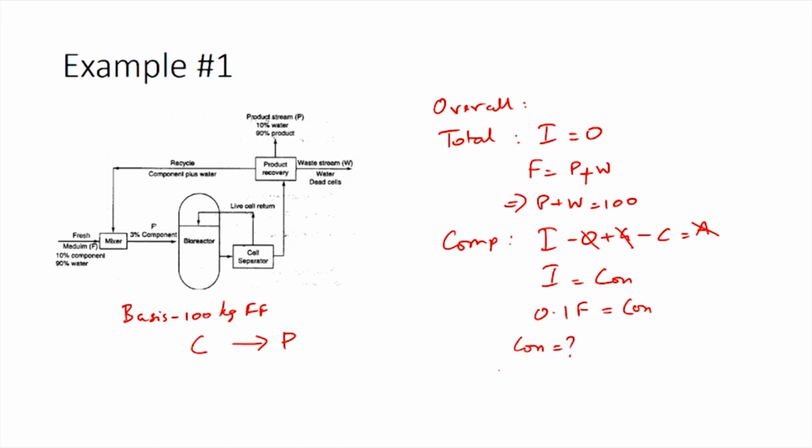So, we know that product formed is equal to 0.9 P. This should also be equal to the component consumed. Therefore, the consumption term would be equal to 0.9 P.